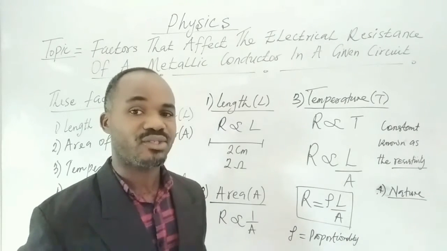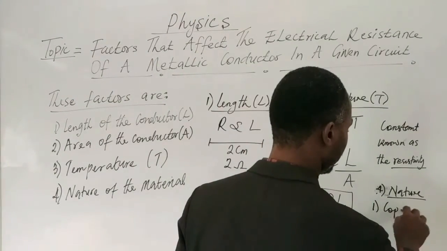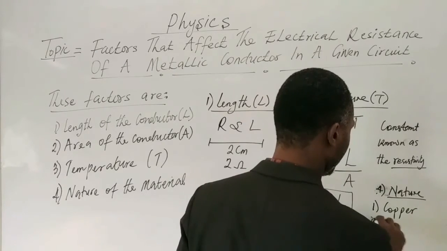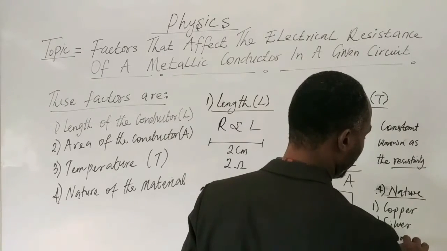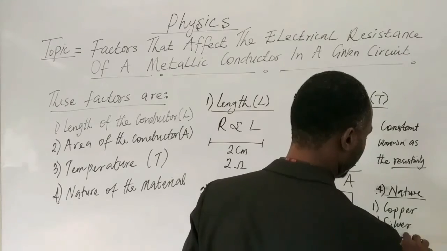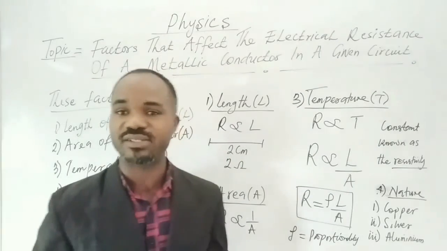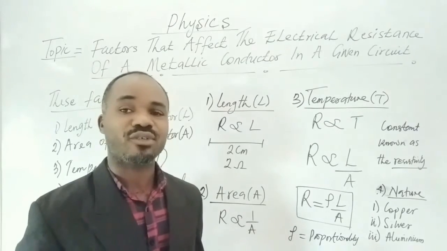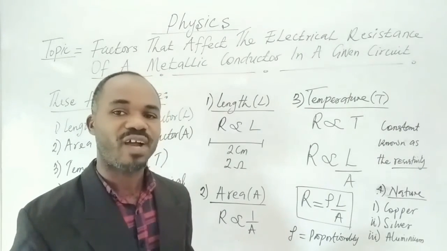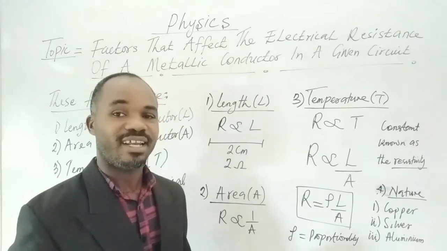So, materials such as copper, silver, and aluminium can to a very large extent be accepted in the construction of a metallic conductor because of the fine resistance they offer in an electric circuit.